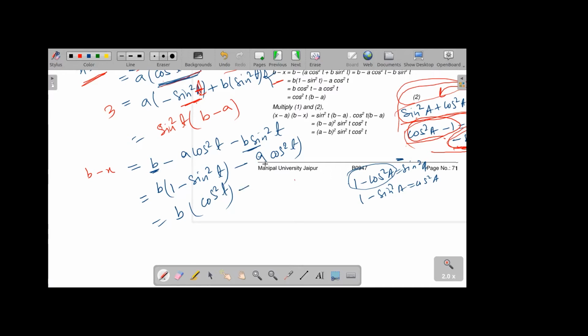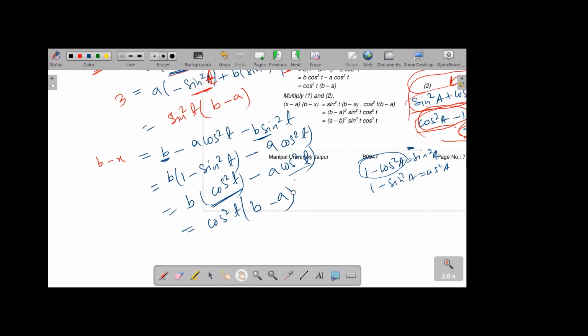Now here minus a cos square t, and then again we can take cos square t as common. So it will be remaining b minus a.